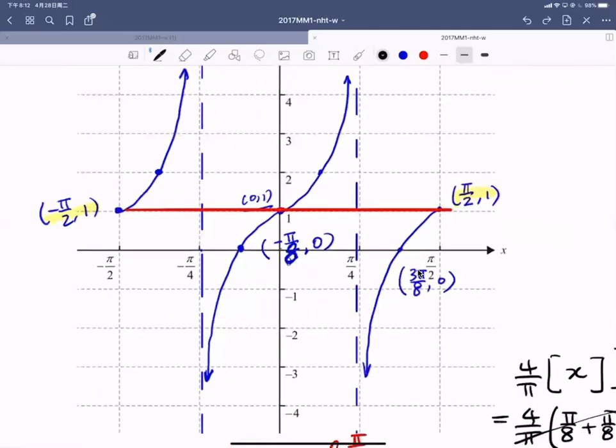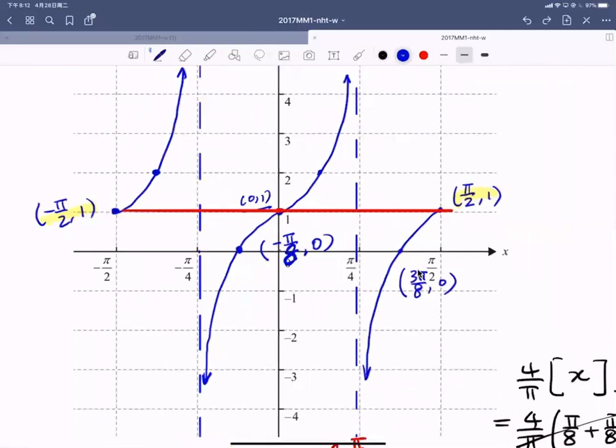There is another method. Let me show you. We know average value is the area divided by width. What is the width? The interval length. So what is our area? This is our area, isn't it?